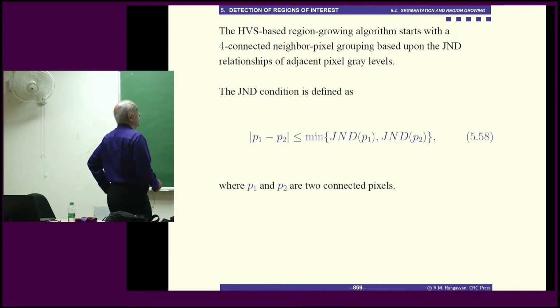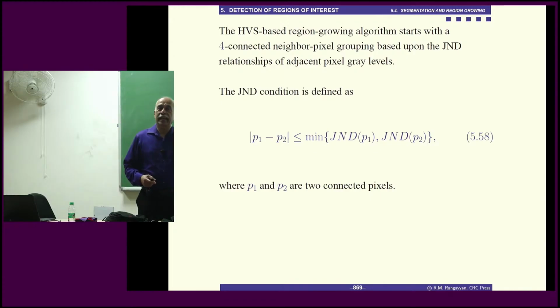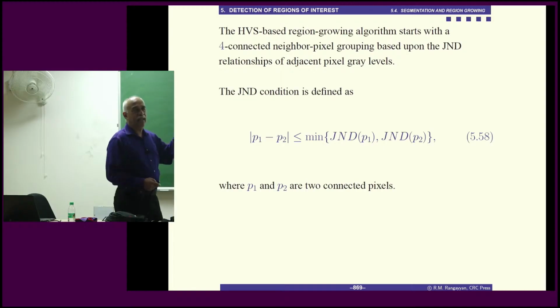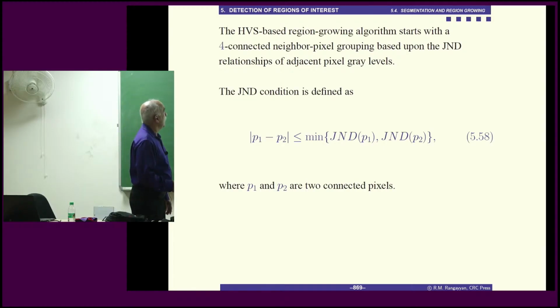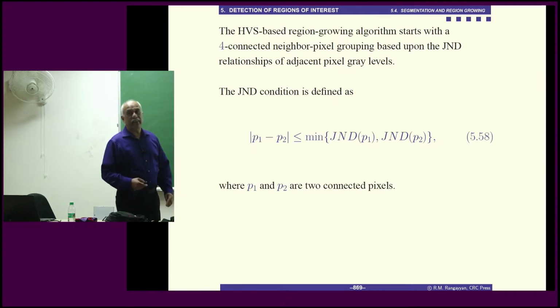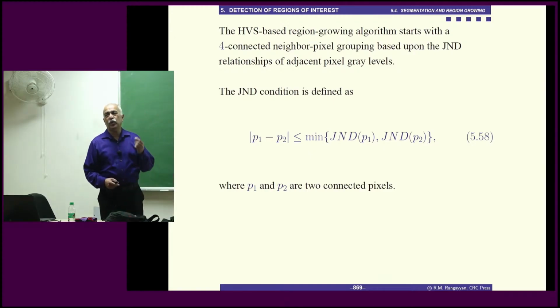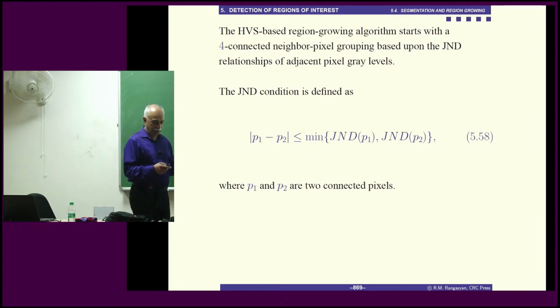So the JND condition was defined as the absolute value of P1 minus P2 less than the minimum of JND(P1) and JND(P2), where P1, P2 are two connected pixels. So instead of just taking the pixel value difference, we are taking the contrast value related to that as the difference. So we call this a region growing criterion based on the human visual system.